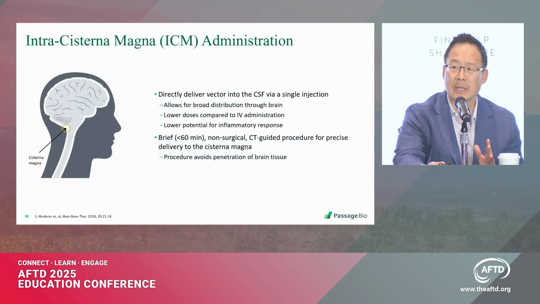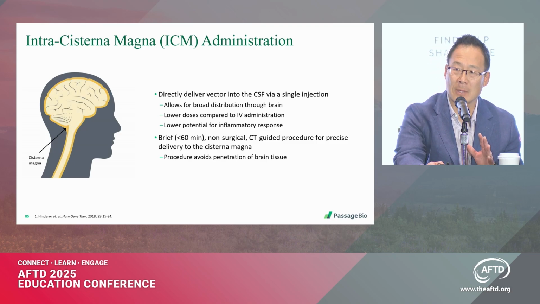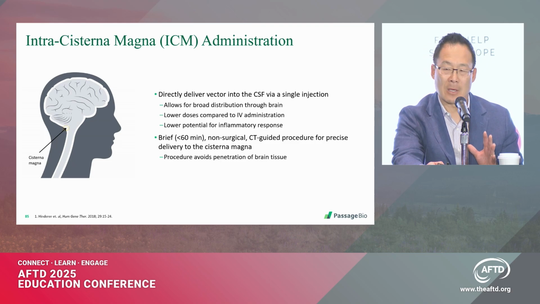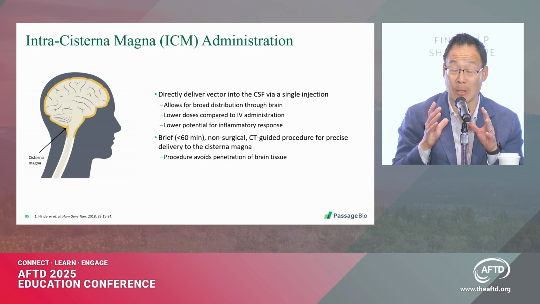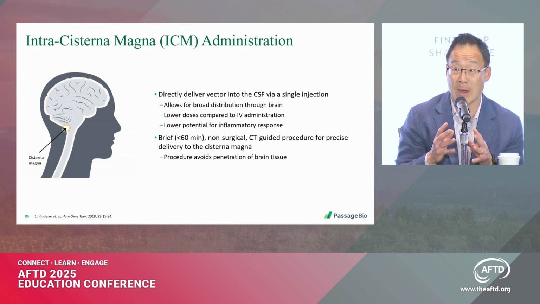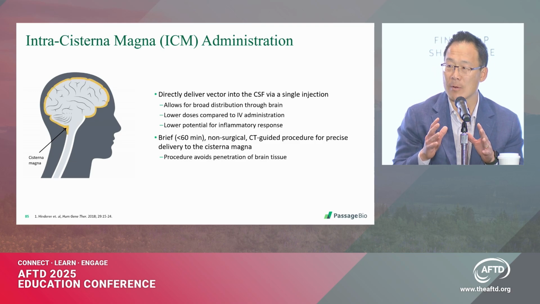First, a little bit about the route of administration of this gene therapy. The delivery for PBFT02 is via the intracisterna magna route. So what is the cisterna magna? It's a large pocket of cerebrospinal fluid at the base of the brain that is outside of the brain tissue. And some important anatomy here.